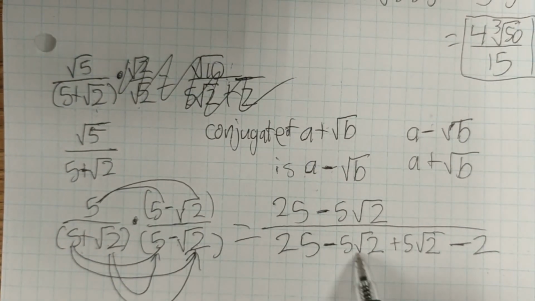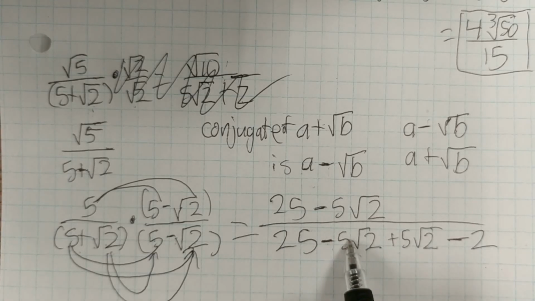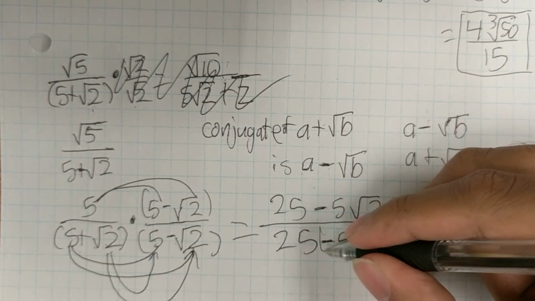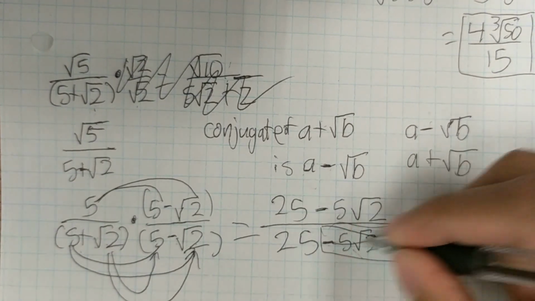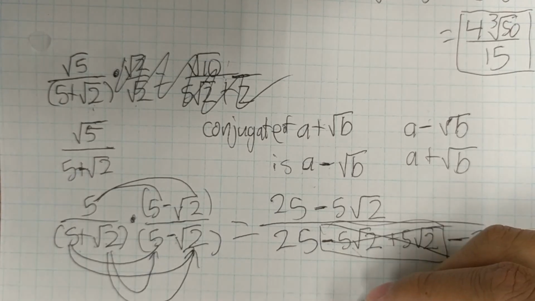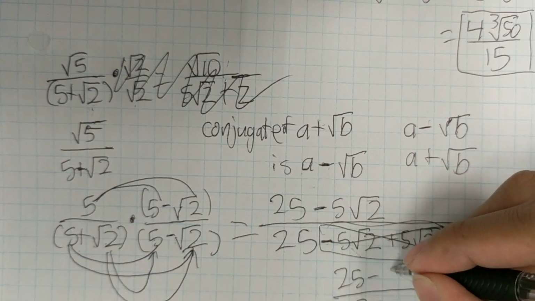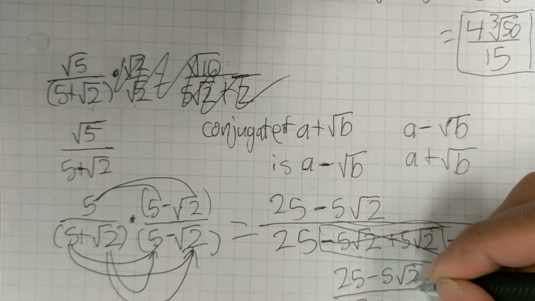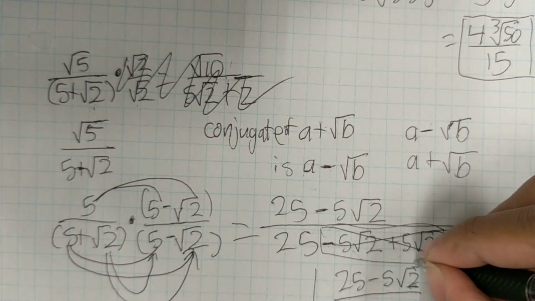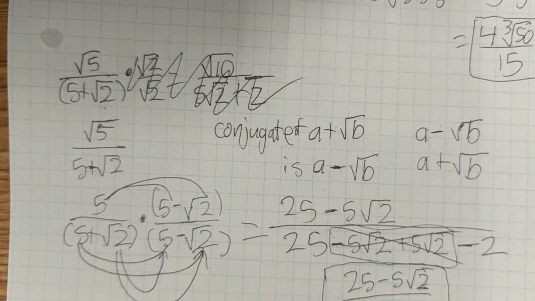Okay, so the key thing is if you look at these middle two terms, they cancel out. Negative 5 radical 2 plus 5 radical 2 goes away. Okay, so, and we can simplify this part. 25 minus 2 is 23. And we just keep the numerator. So here's the final answer to this problem.